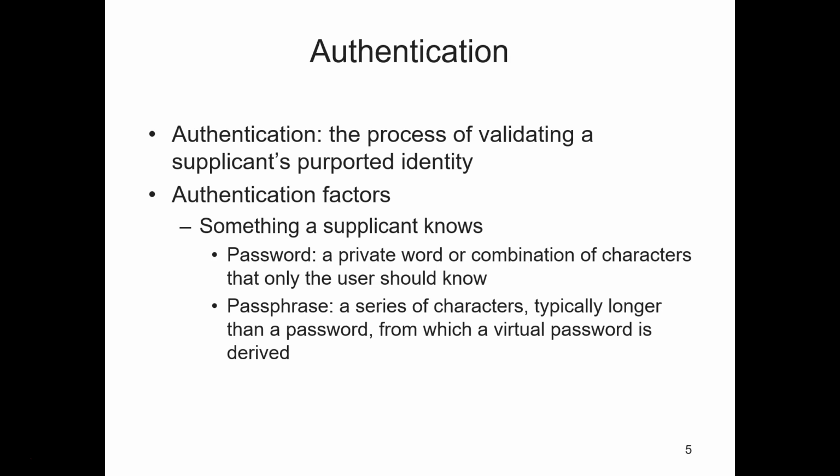So we use that password or phrase to validate or verify that the supplicant is who he or she claims to be. Otherwise, someone could be given access to other people's information because they can validate the account, which is not good. That's why it's important not to provide your password or passphrase to anyone and to keep it in a safe place.